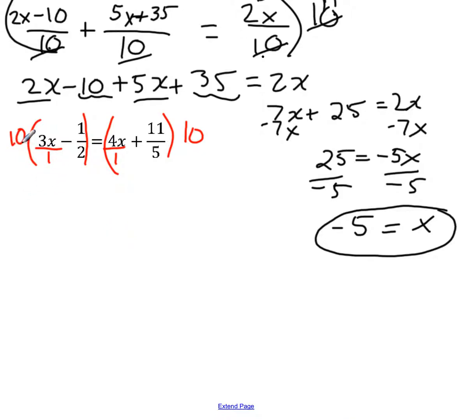So if I multiply 10 times 3x, I'm going to get 30x. If I multiply 1/2 by 10, the 2 becomes a 1, the 10 becomes a 5, and I basically get 5. No more fraction. If I multiply 10 times 4x, I get 40x.